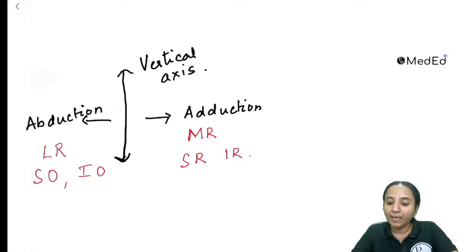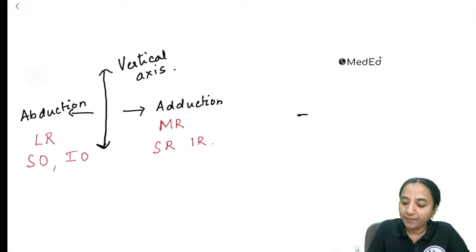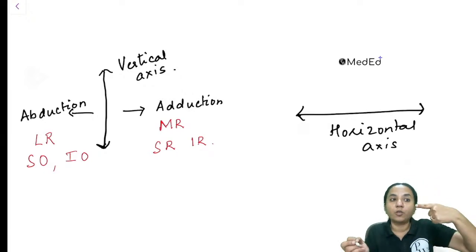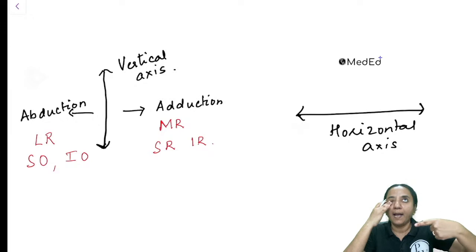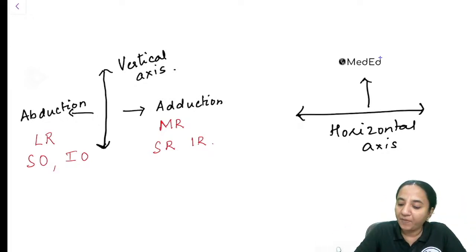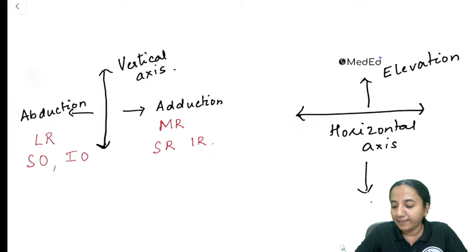Now suppose we keep the horizontal axis as our fulcrum or center. Then the two movements possible on either side are that I can move the eye up or down. If I move the eye up, that is called elevation, and if I move the eye down, that is called depression.